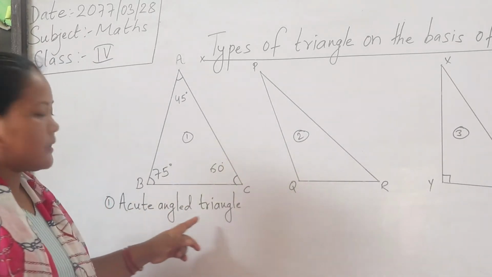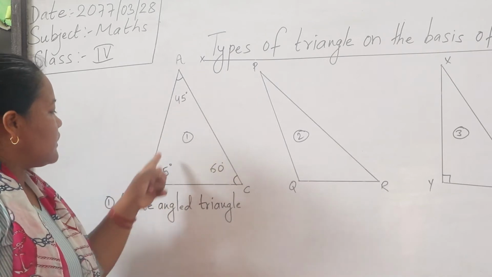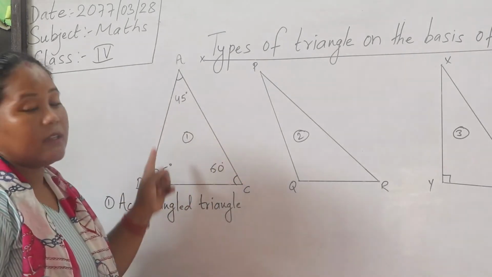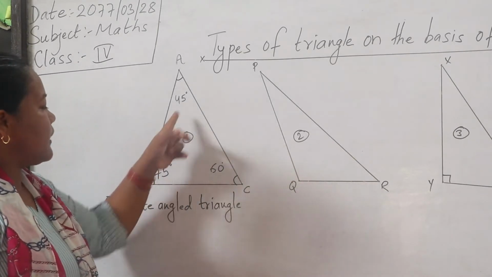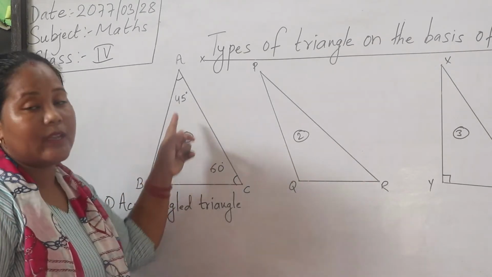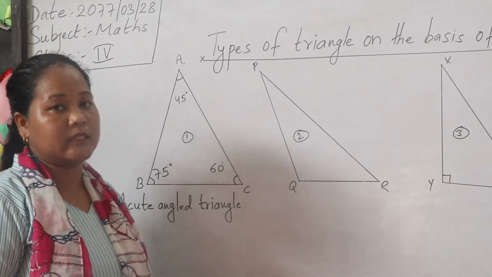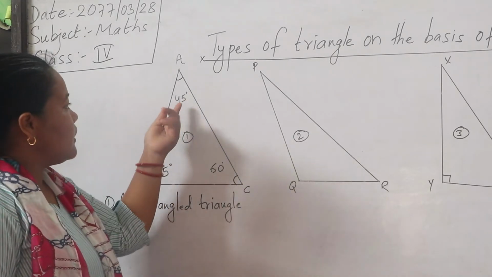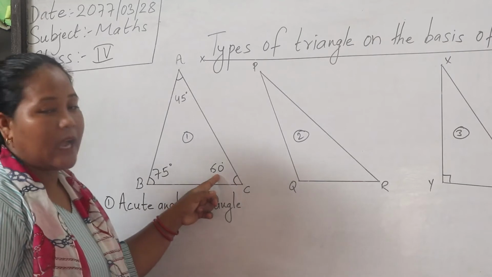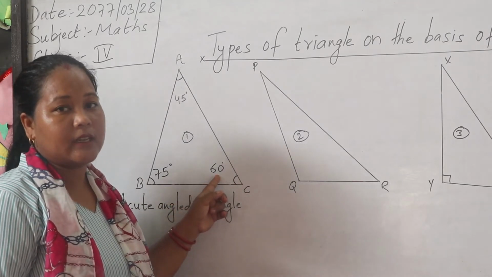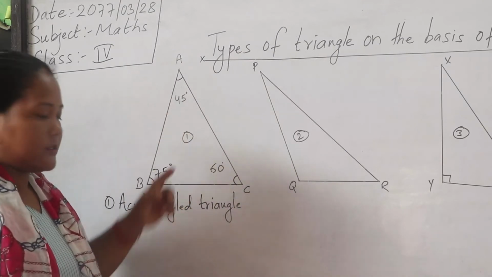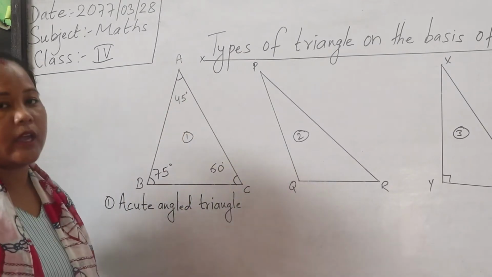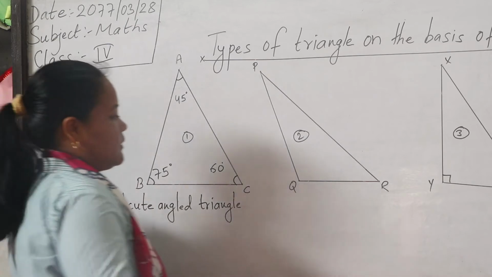In an acute angle triangle, all the angles of a triangle should be acute angles. All the angles should be less than 90 degrees. If we find the angles of a triangle are less than 90 degrees, then we say that triangle is an acute angle triangle. Okay students, good.